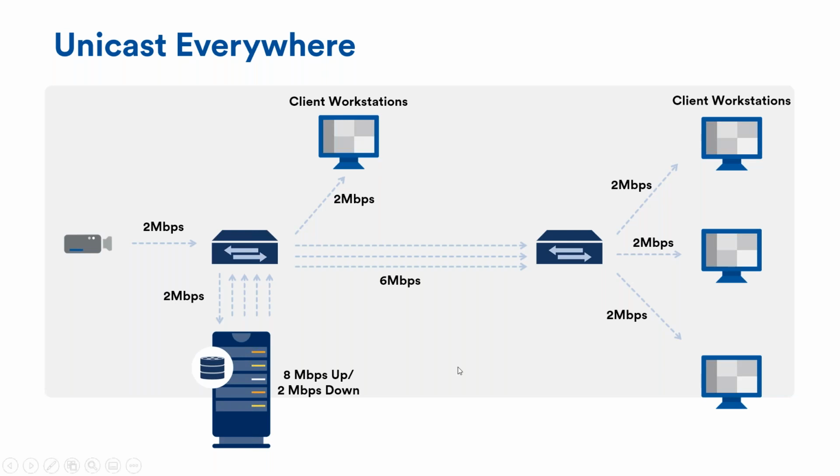So we have 2 megabits coming down and 8 megabits per second going up. Not a lot of bandwidth, 10 megabits per second total throughput on the archiver, but this is just a simple example, and we'll get into some more complex examples in a minute.